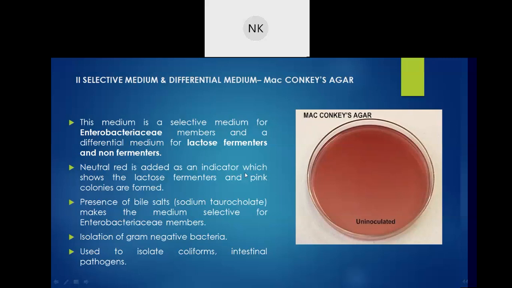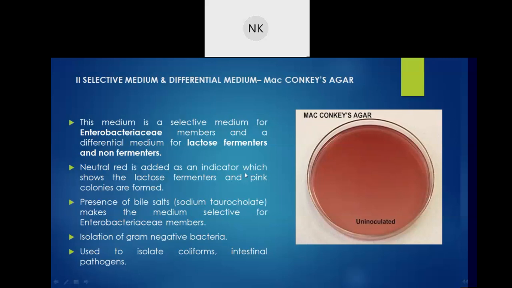This is a specialty of neutral red. If we see the composition, neutral red has been added into this medium, acting as an indicator. Because of the presence of this indicator, it is able to differentiate lactose fermenters and non-lactose fermenters.